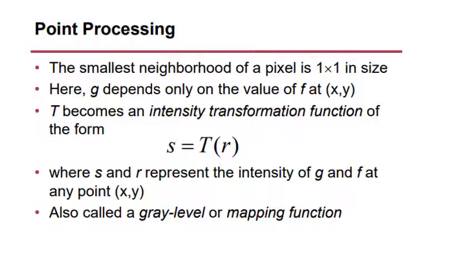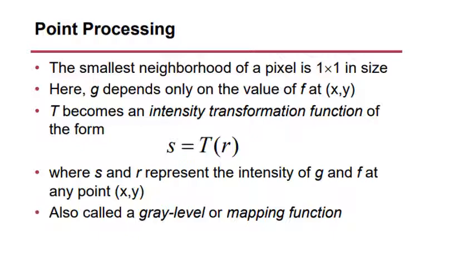There in one image you can apply on a neighborhood, you can apply on a single pixel itself, and so on. So the smallest possible is known as point processing, wherein the neighborhood is the pixel itself, that is, it's 1 cross 1 in size. So here the output G depends only on the value of f at that particular point x comma y.